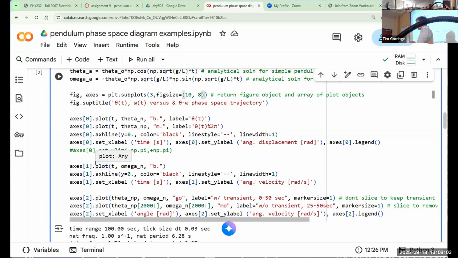The reason for that is in the first plot, you see the whole trajectory, which will include, when we've got a driving force, the transient period and the steady state period. In the second plot, where I'm only plotting later times, if we've got a driving force, we won't see the transient period, we'll just see the steady state period.